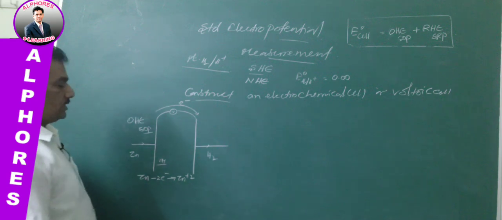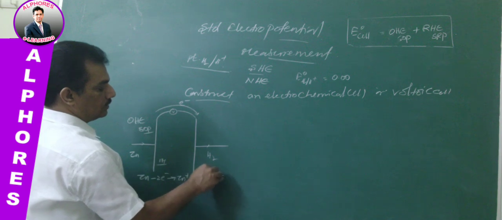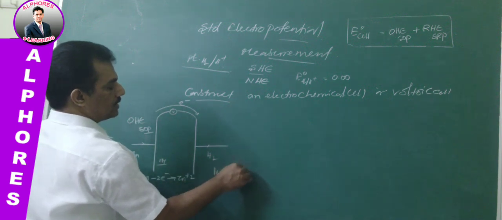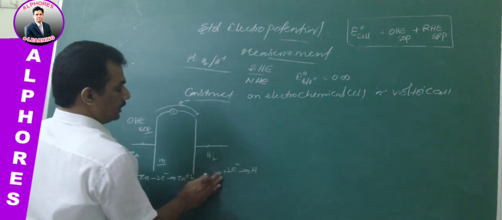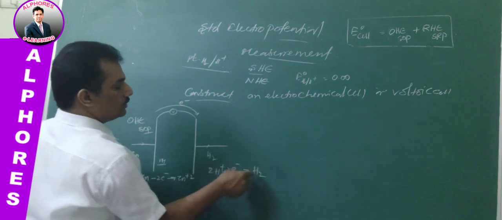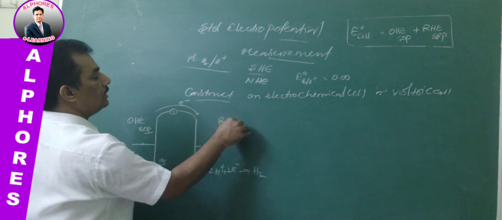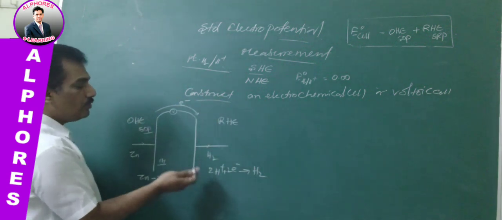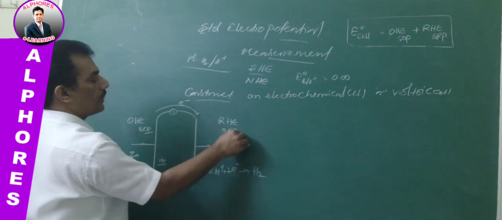Clear? And next, here hydrogen. When hydrogen is getting the electrons, 2H plus, by getting the electrons, is reduced to H2. So it is RHE. Simply we know when it is going for reduction, it is SRP.